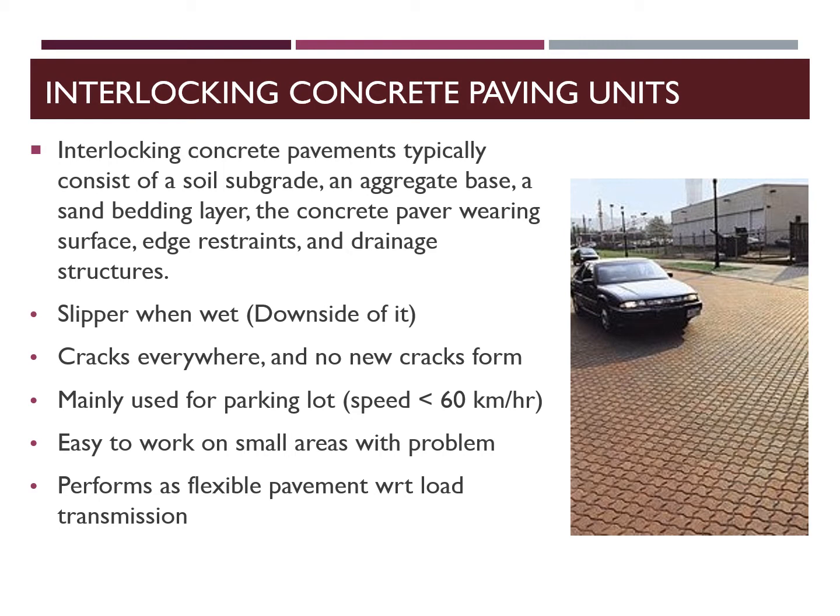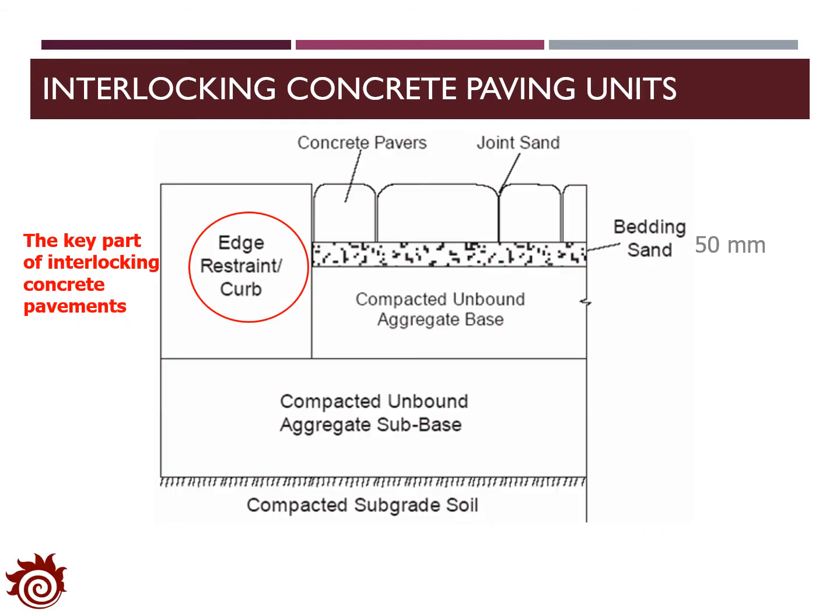Another thing is that this pavement can be easily worked on in small problem areas. If any part of the pavement fails, you can quickly replace it with new units. This kind of pavement is mainly applied for parking lots with speed limits less than 60 km per hour. And regarding load transmission, it performs very similar to flexible pavement.